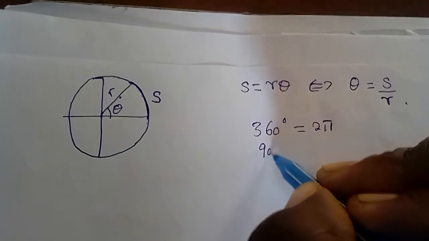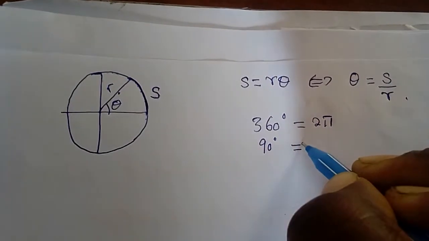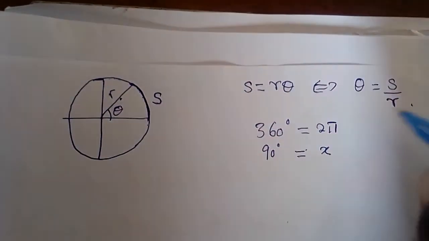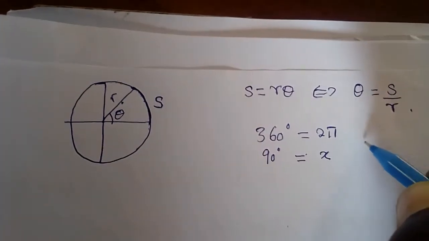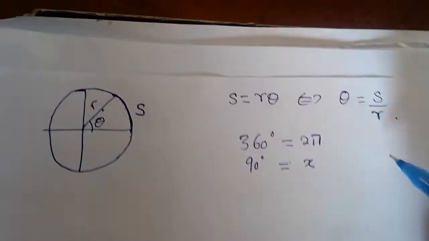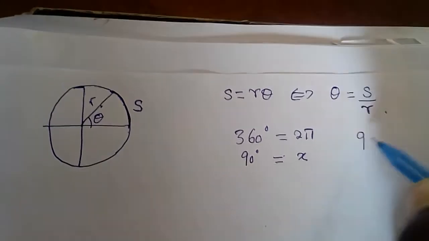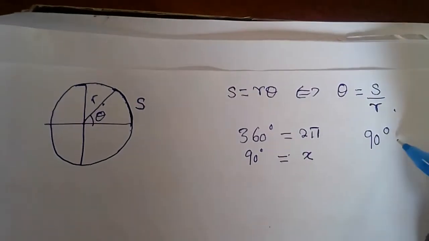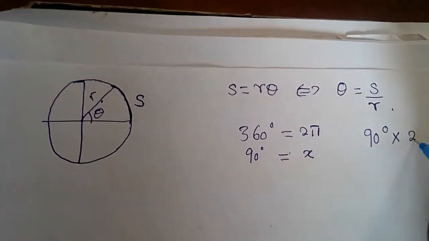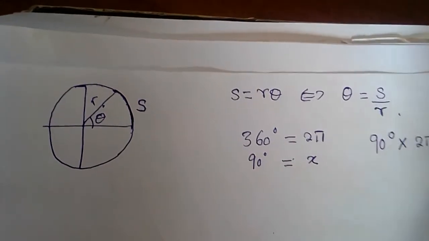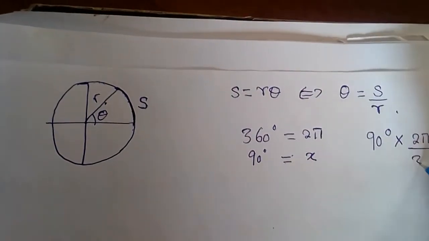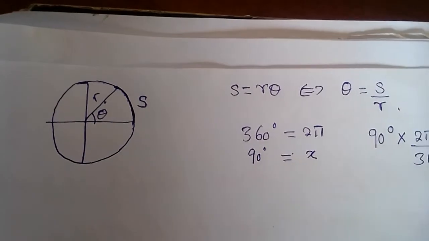How about 90 degrees in radians? So in radians, we are going to have 90 degrees multiplied by 2 pi radians divided by 360 degrees.